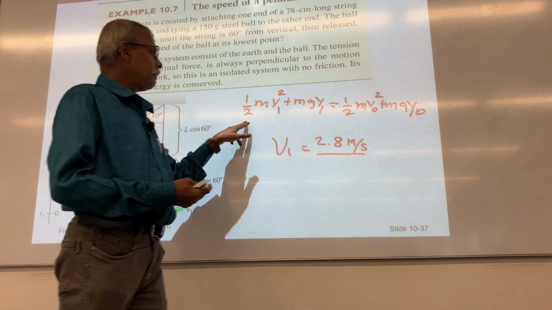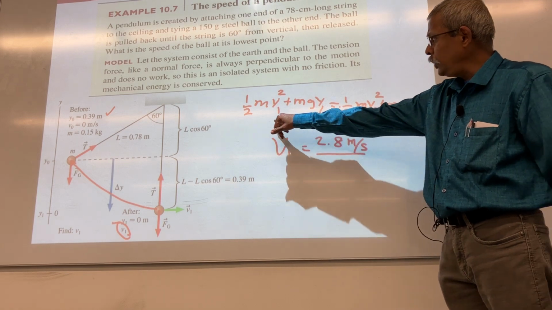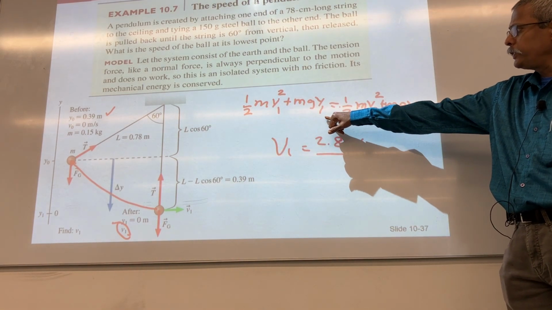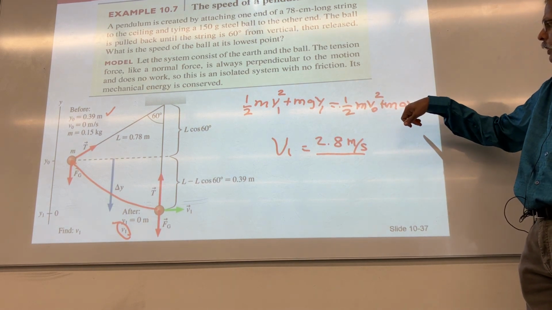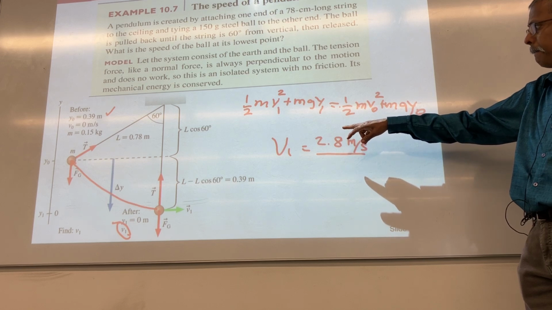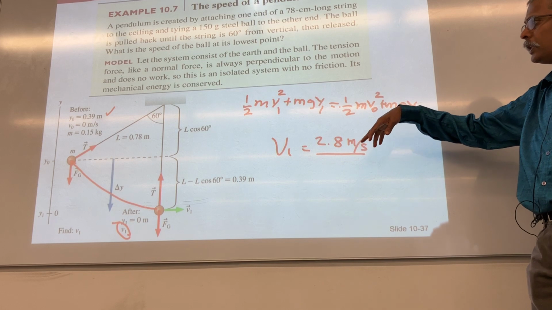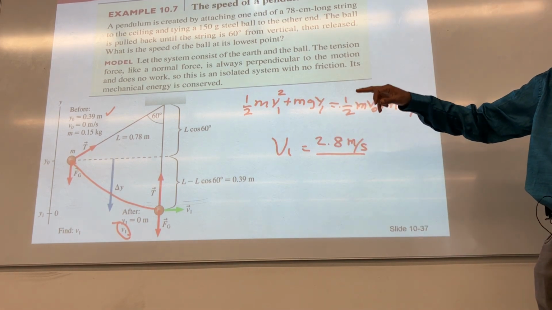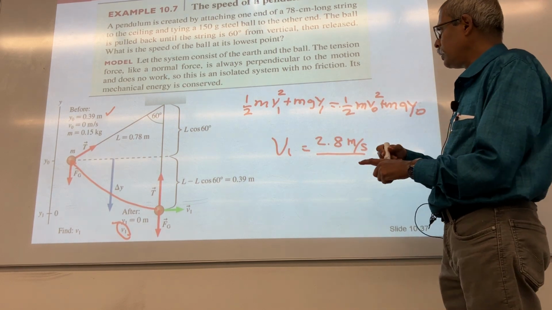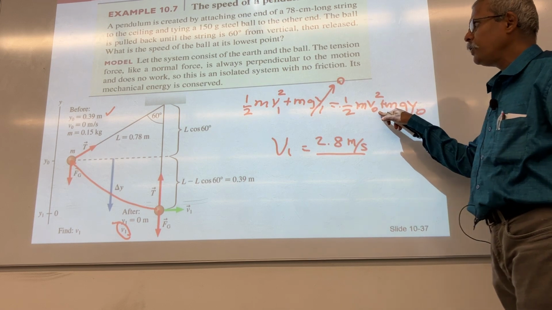What you line up in this equation, the transformation: you go with the kinetic energy final, potential energy final, kinetic initial, potential initial. Alright. So now I want you to plug in the numbers. The V1 is the one you need to find out. The y1 is 0. The V0 is 0.